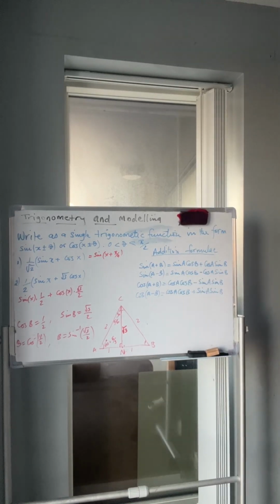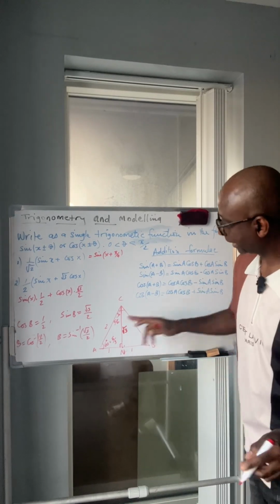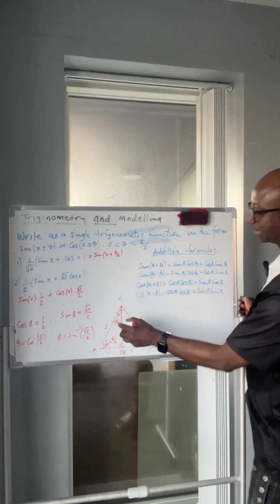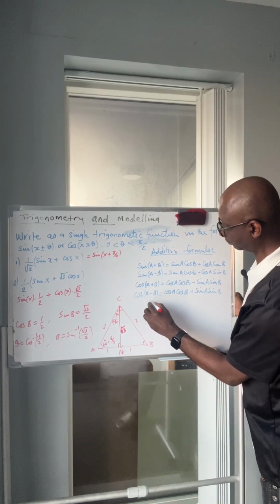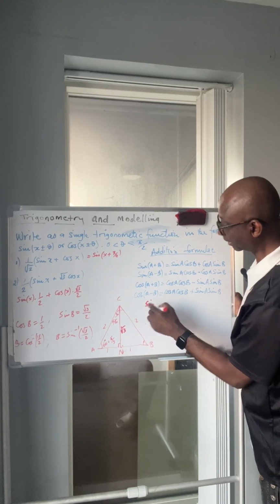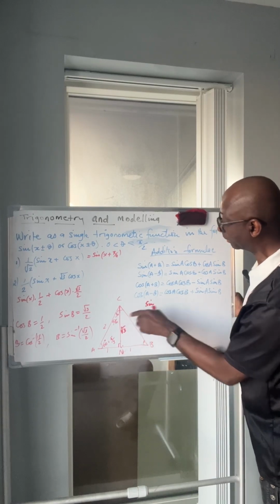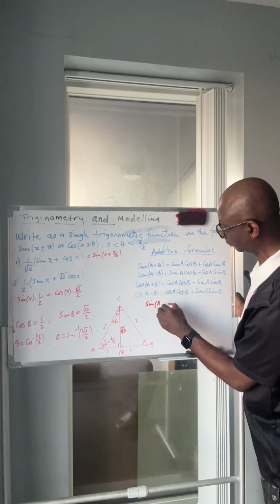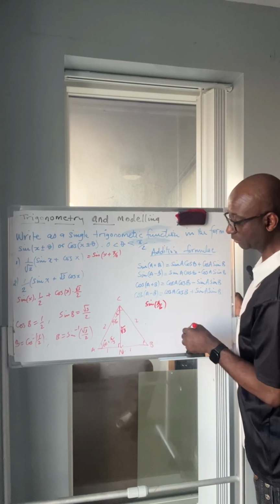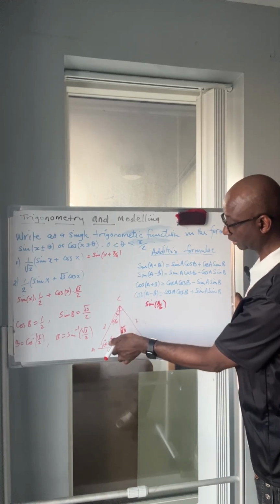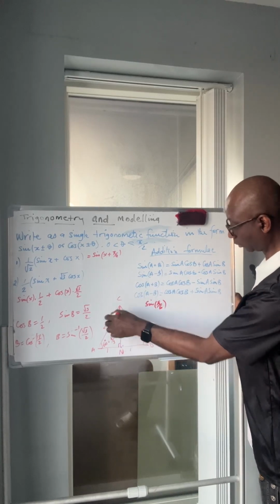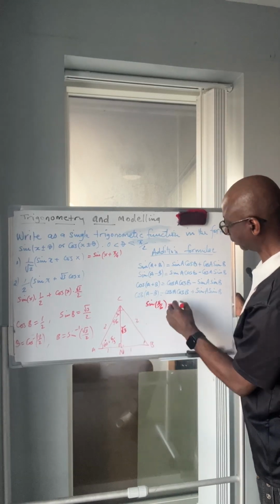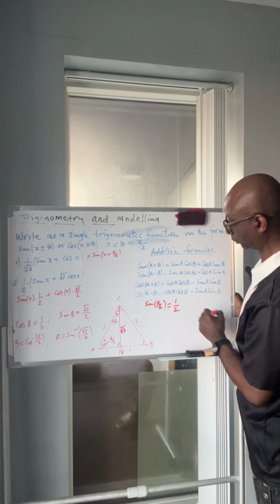So now, let's see what we get. If I say sine 30 degrees, which is the same as sine pi over 6 radians, what does sine give you? Sine is opposite all over hypotenuse, and the opposite is 1, all over the hypotenuse, which is 2.